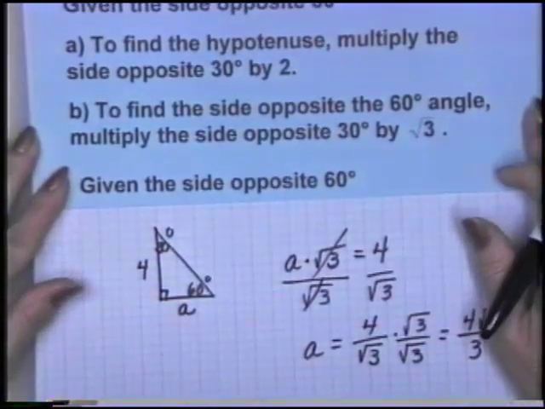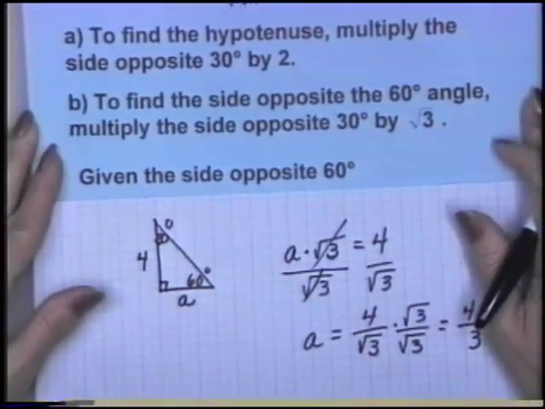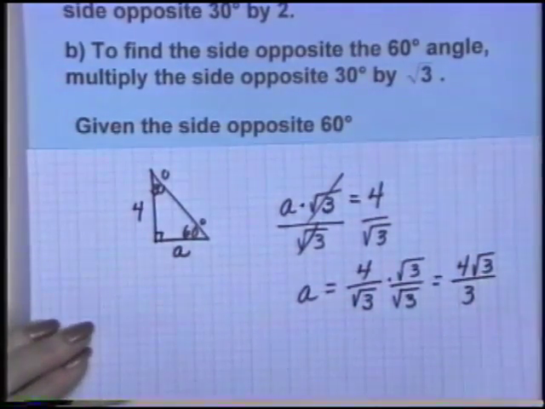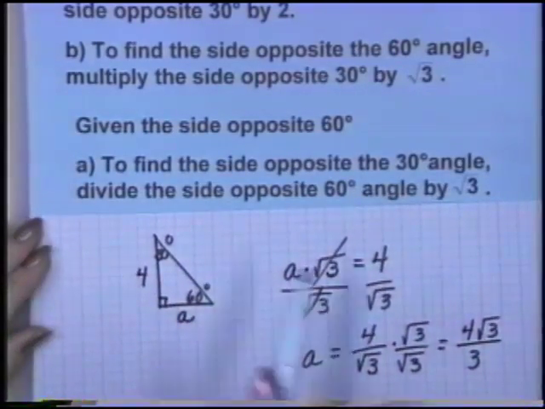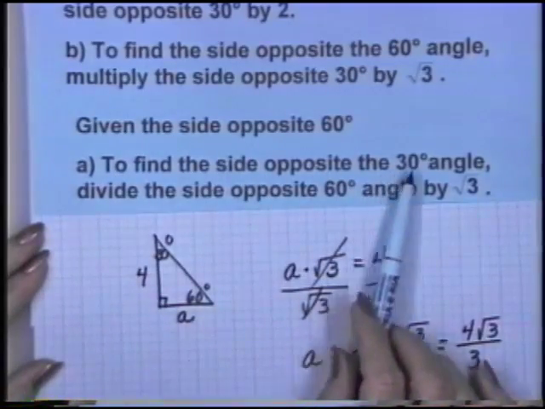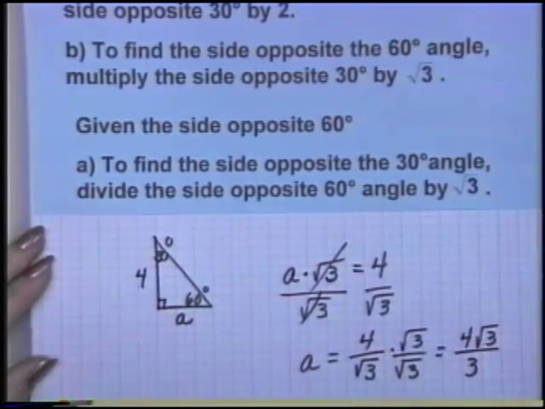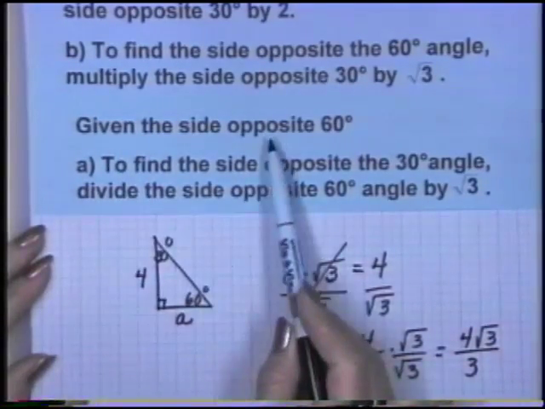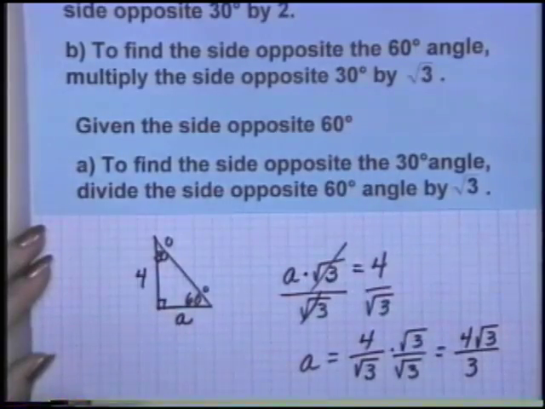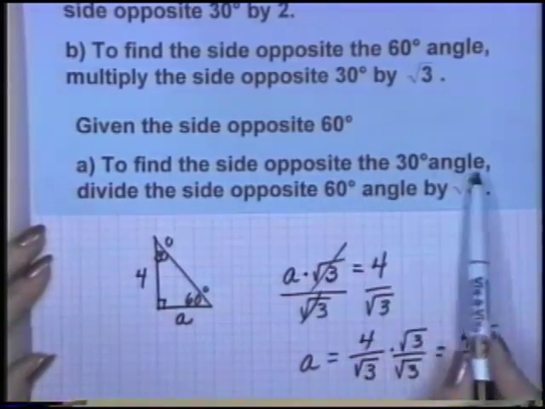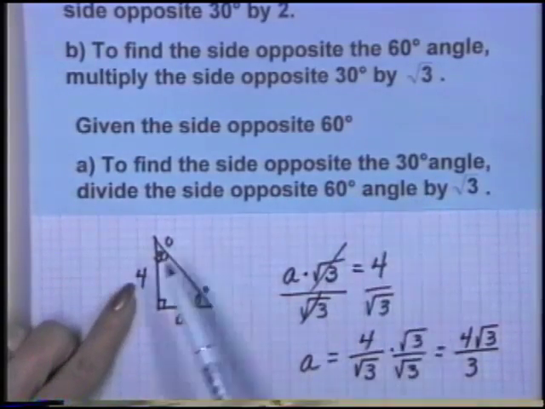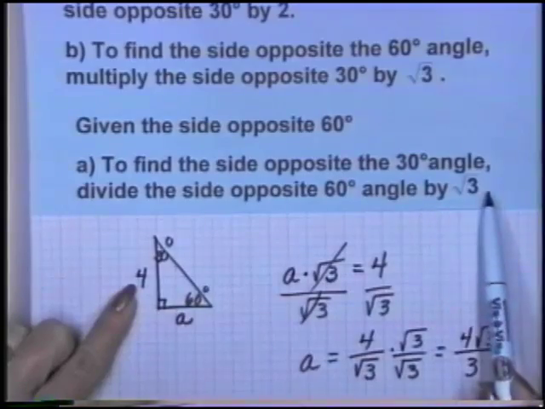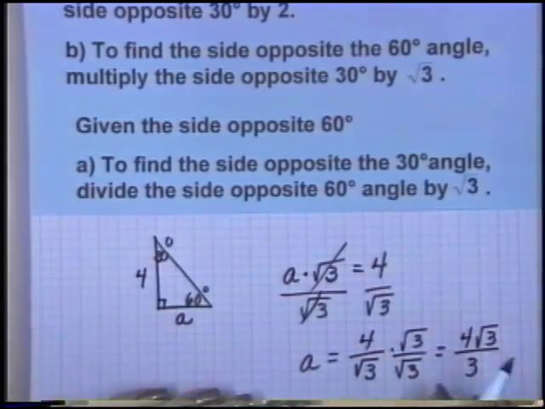So if I'm given the side opposite the 60-degree angle, to find the side opposite the 30-degree angle, I divide the side opposite the 60-degree angle, that was the 4 in this case, by the square root of 3.